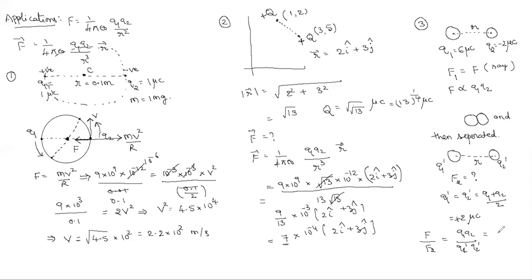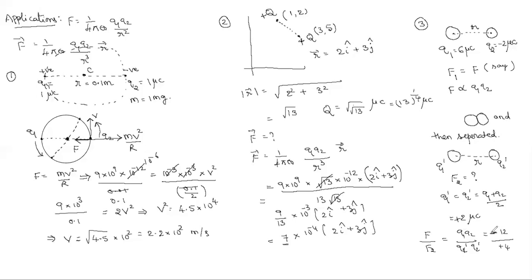Keep in mind that the first time it is attractive force and this time it is repulsive, so we have to consider the sign also, because the two forces are not of the same kind. Attractive force means I take Q1 Q2 as 6 into minus 2, minus 12, and the second is 2 into 2, plus 4. But the negative sign does not mean F equals minus 12; F is 12 only.